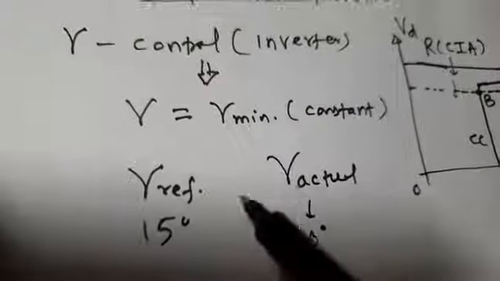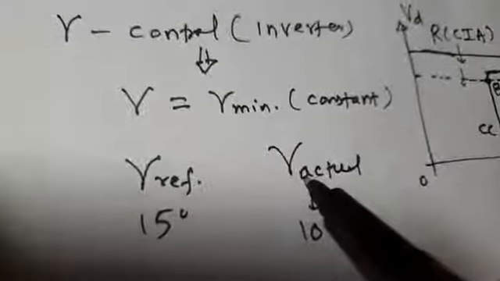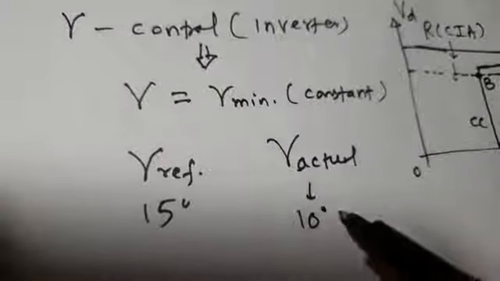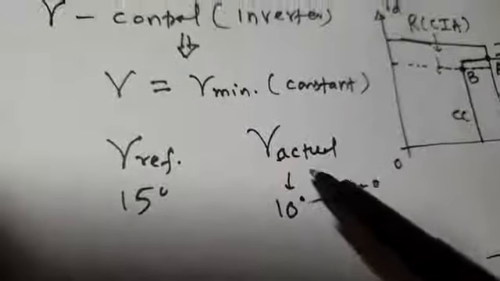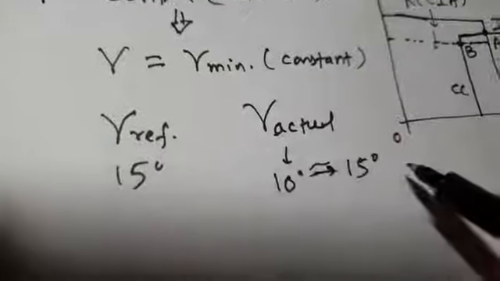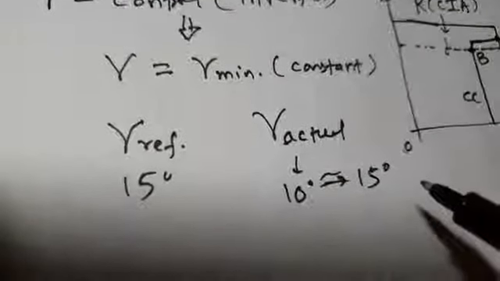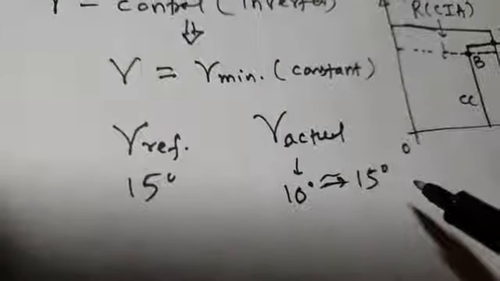So what will your controller do? The controller will act very quickly and make gamma equal to gamma ref again, before the commutation failure occurs, which is around 15 degrees. And hence under abnormal conditions also, it will avoid the possibility of commutation failure.